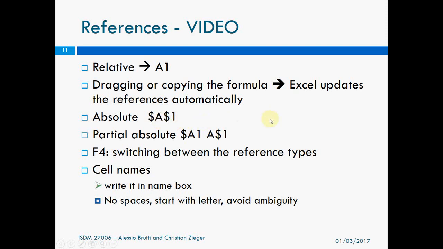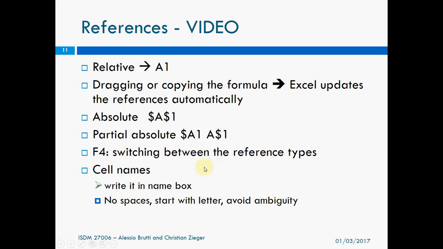It's also possible to have a partial absolute reference, as you can see here. So you use the dollar symbol only for the column address, or only for the row address. You can switch among the different reference types just by typing F4.